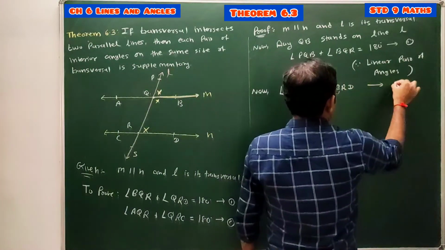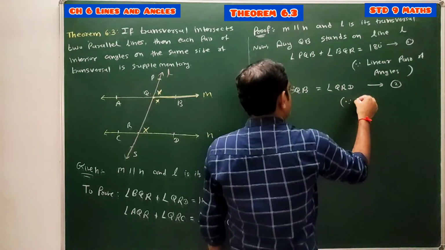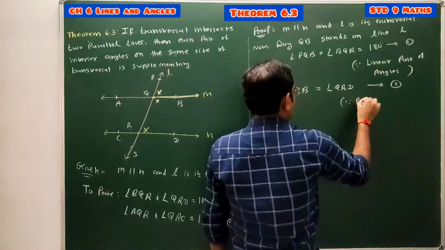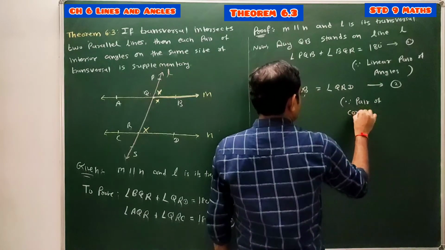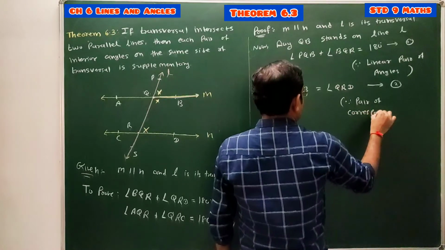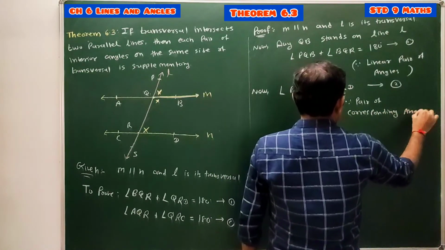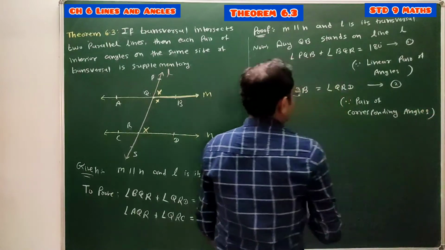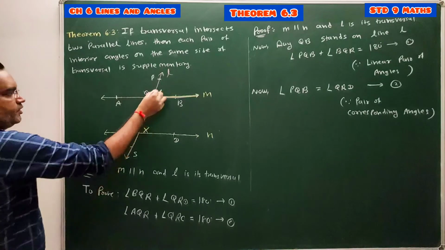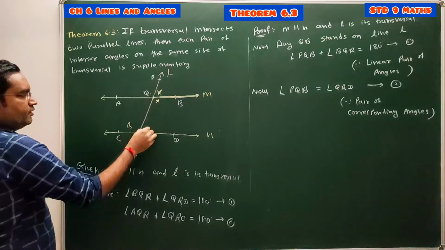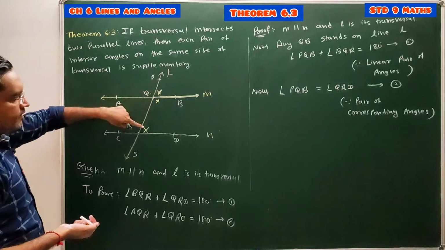Say this one as result number 2, and the reason is these angles are a pair of corresponding angles. Done. So these two angles are equal, this angle equals this angle, so we can replace this angle by this angle.